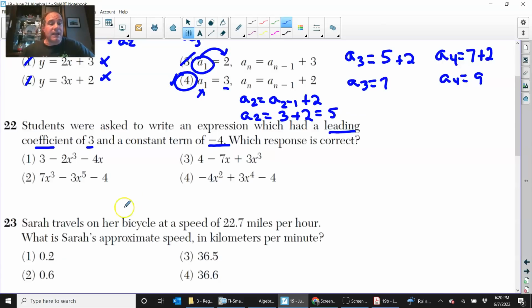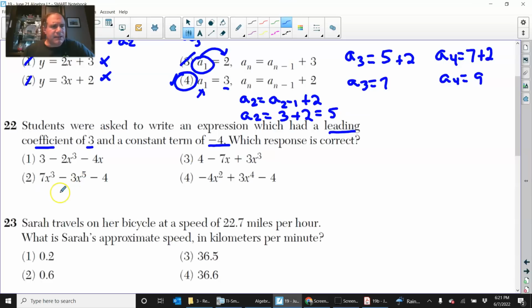And they really try to trick you here, but I just want to rearrange things into standard form because they gave you terms that are just not in standard form. Remember, the largest exponent must be first. So leading coefficient of 3, I see this one.